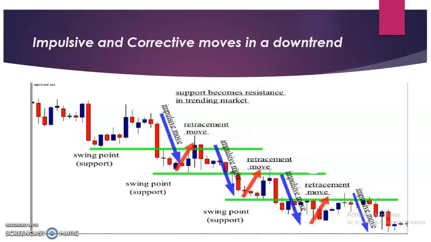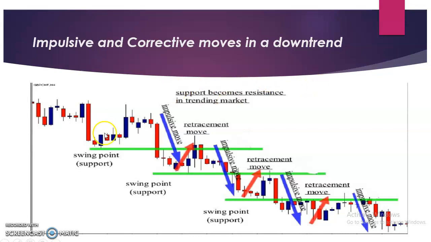So basically, what is an impulsive move? An impulsive move is that big move in a certain direction. It could be to the upside, it could be to the downside. It is that particular move, the impulsive move, that breaks out of a previous support or a previous resistance, depending on the trend.